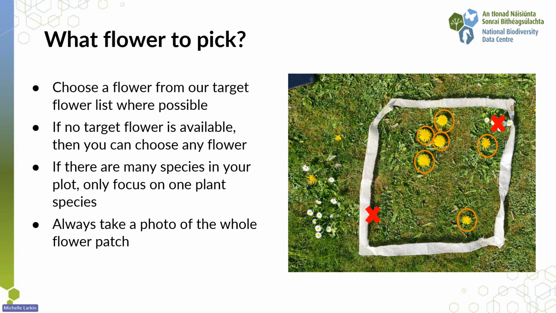So you can see here in this plot, we have the dandelions, but we also have daisies. When you're doing your fit count, you either focus on the insects visiting the dandelions or the daisies.